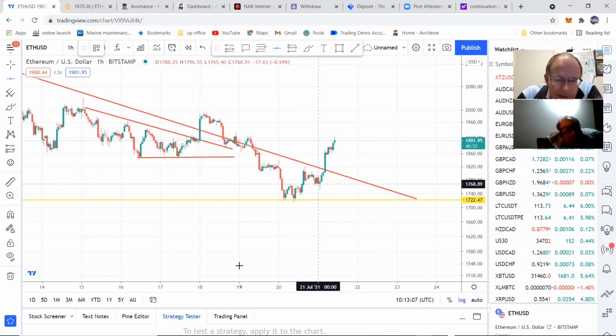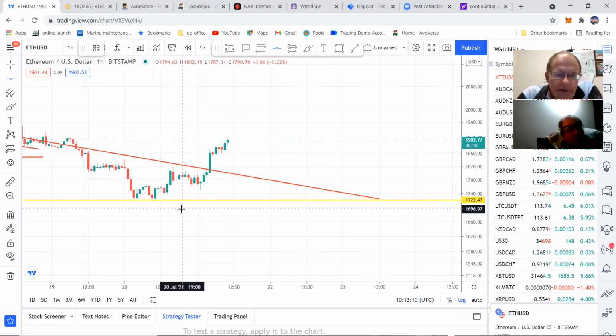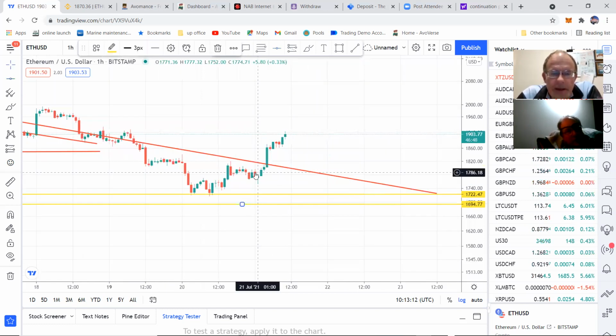That confirmation comes in the form of our different candles here. We've got that red one, then that hammer, which is an indication that it's going up, and then this bullish engulfing green one, and the three of those together form that morning star constellation, indicating that the market's going up.